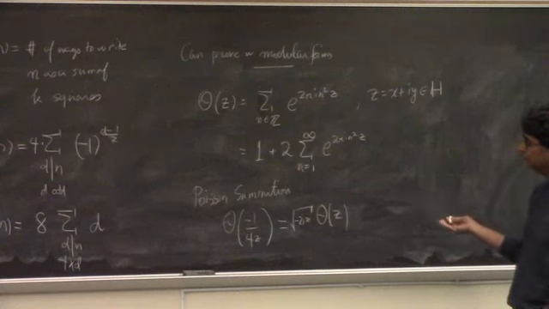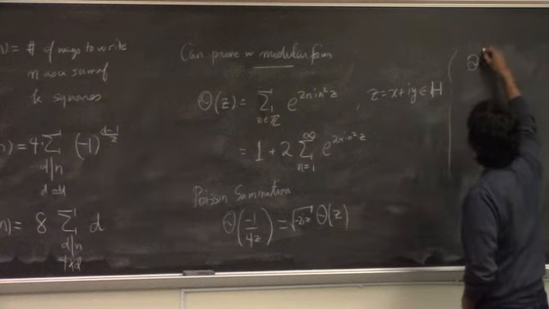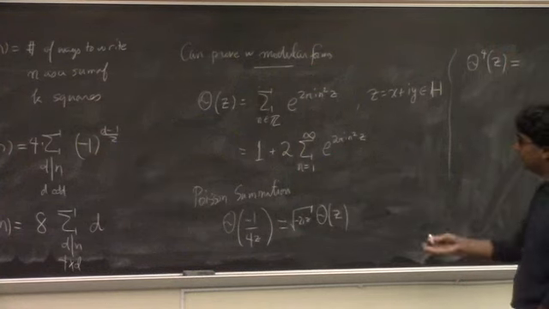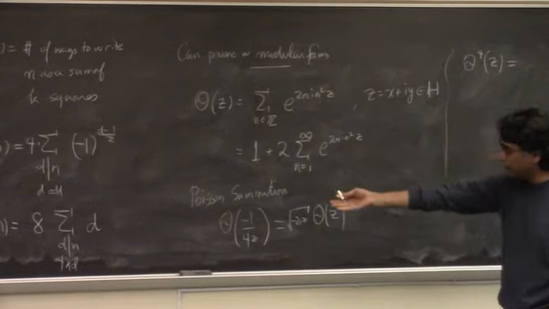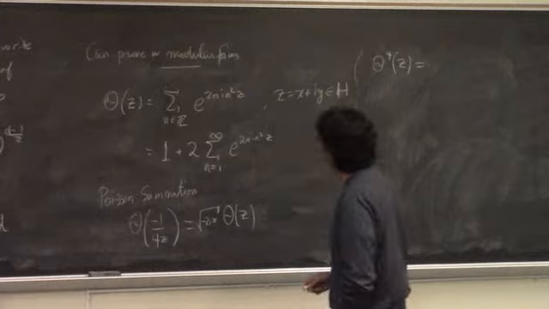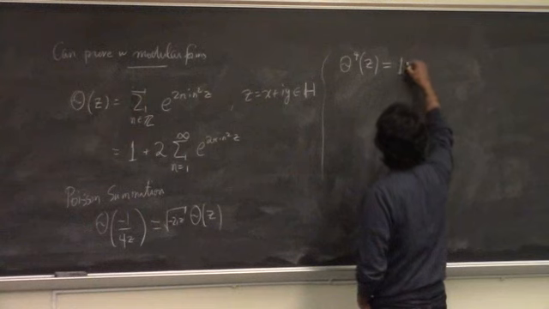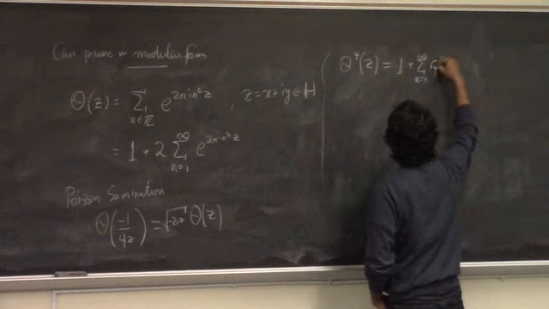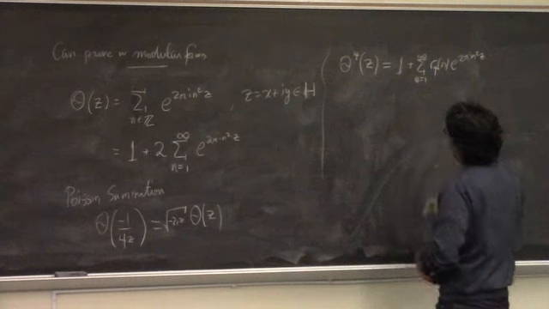In any case, if you take theta to the 4th, that's going to be a power series which counts the representations of n as the sum of 4 squares. That's simply 1 plus the sum over n equals 1 to infinity of r_4(n) e^(2 pi i n z).